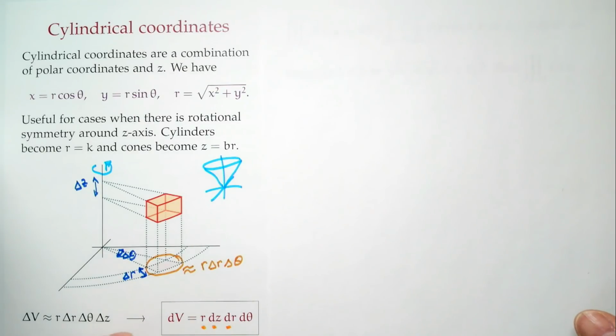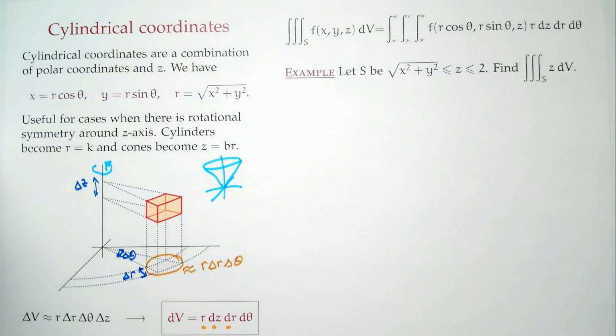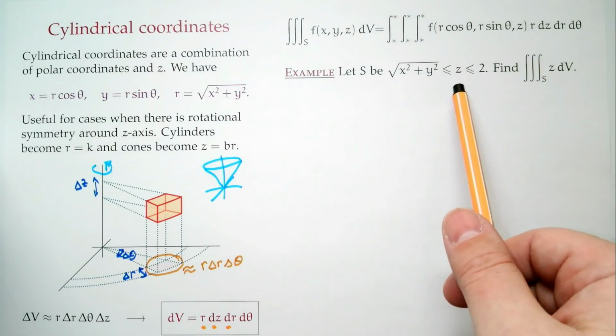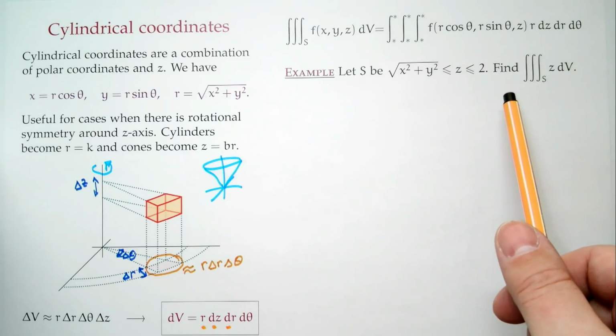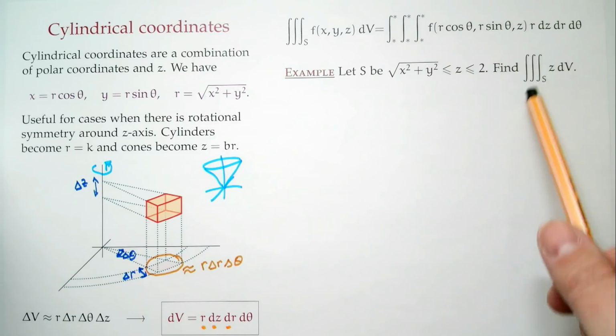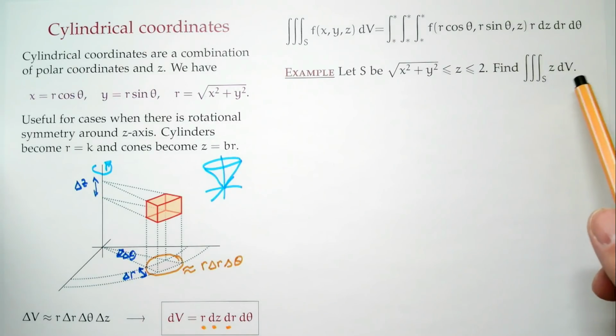So let's try a problem. Let S be the region where the square root of x squared plus y squared is less than or equal to z, which is less than or equal to 2. And we want to find the integral over this solid S of z dV.